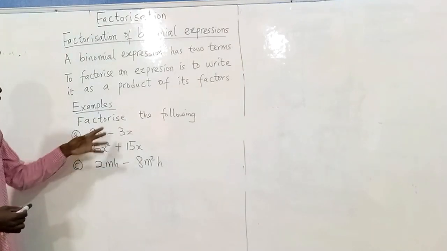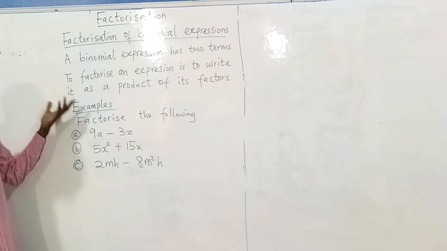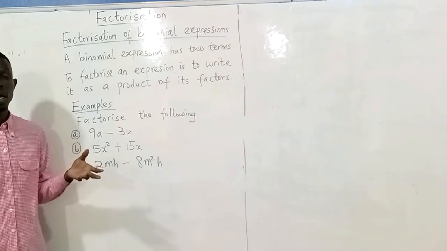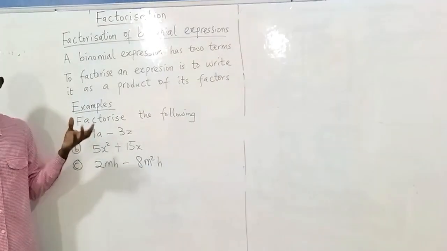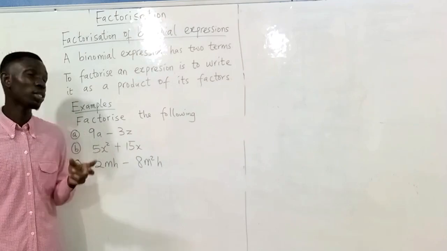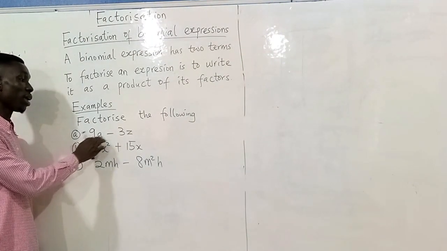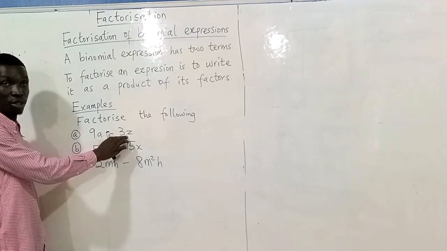But before we start factorizing the examples we have on the board, what is a binomial expression? Someone may ask. A binomial expression is any expression that has just two terms. If you look at the examples on the board, we have the term 9a and the other term minus 3z.